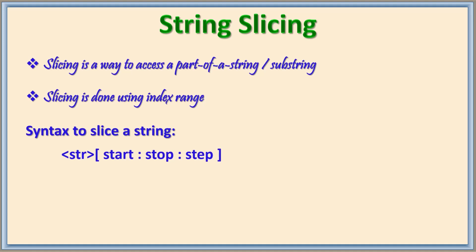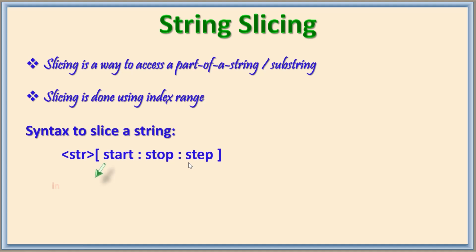String and then open the square bracket, and there can be a maximum of 3 integer numbers given. The first one is the start, that is the starting index number, and the next one is the stop, also an index number, and step is the integer for how many steps to jump.